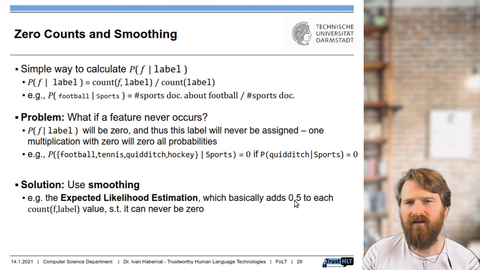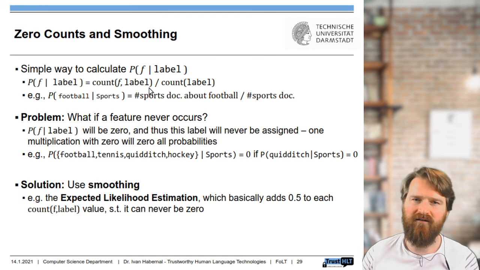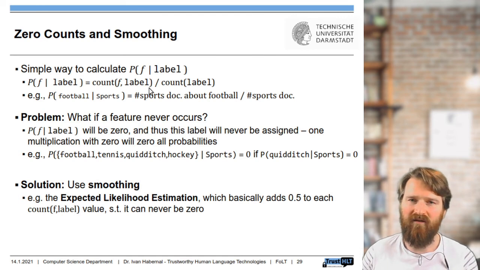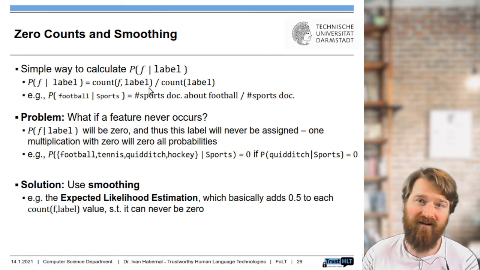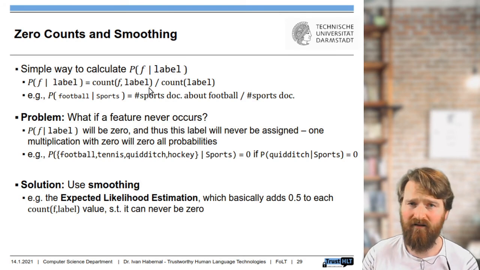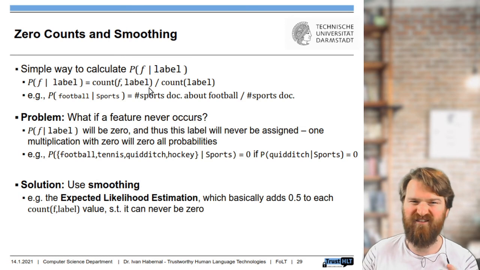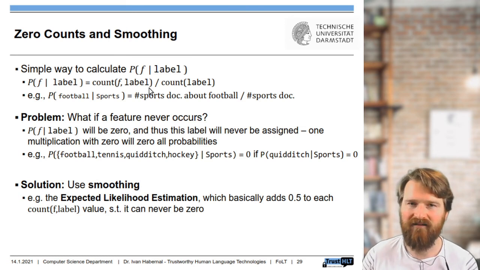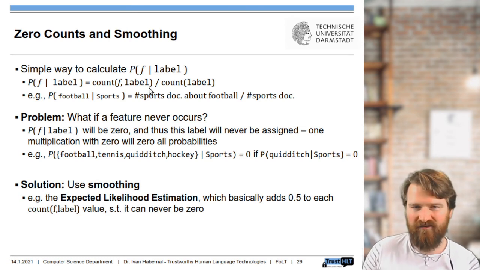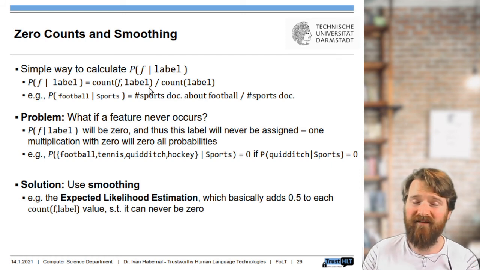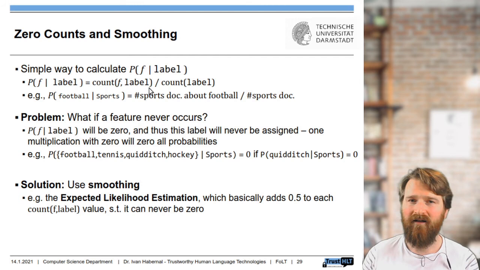If you think about it, most of the feature combinations might have very low probability, but they might happen. So the probability is never 0. The probability that the word monster occurs in mystery is quite high.